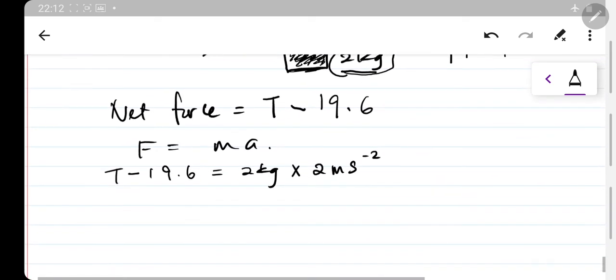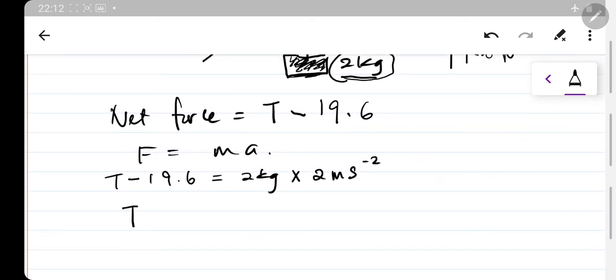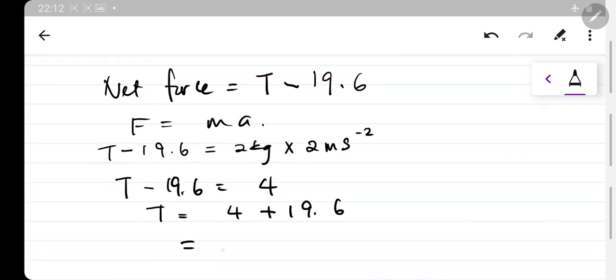So now we get T minus 19.6 equals 4, and then T equals 4 plus 19.6. So we get 23.6 Newton. So that is example number 4.